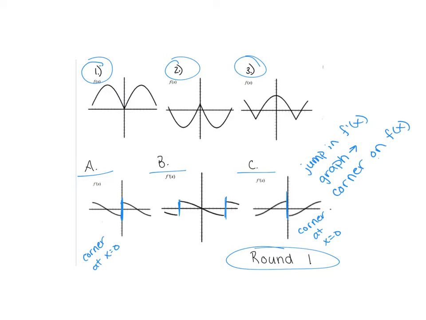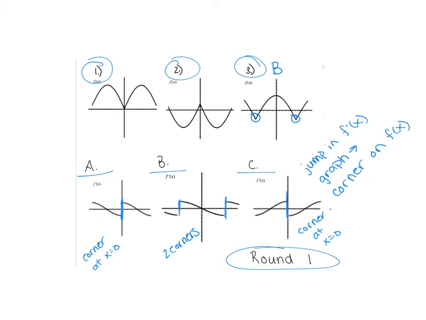B has 2 jumps. So that means it's going to have 2 corners, and only one of the function graphs has 2 corners. So this one has 2 corners. Graph 3 is the only one with 2 corners, so graph 3 is going to have to go with derivative B. I'm going to mark that right on the top.